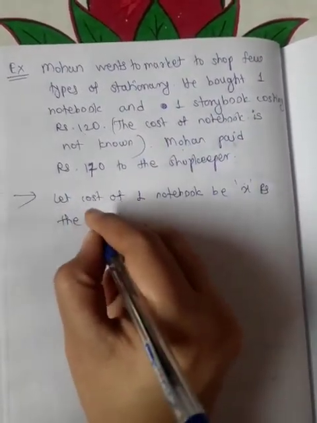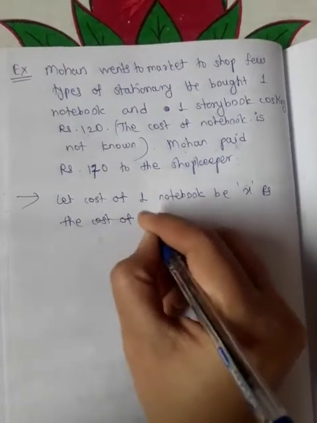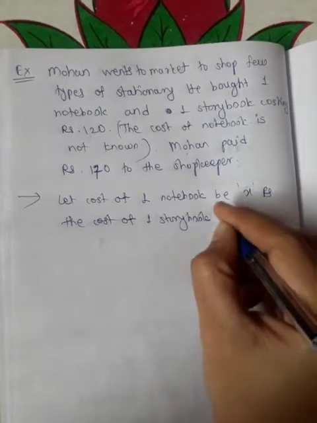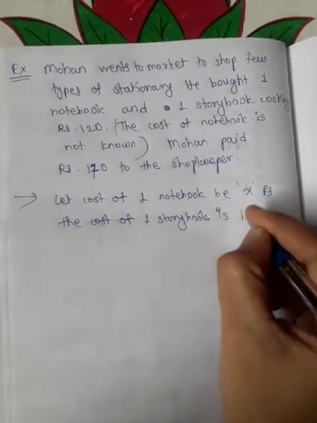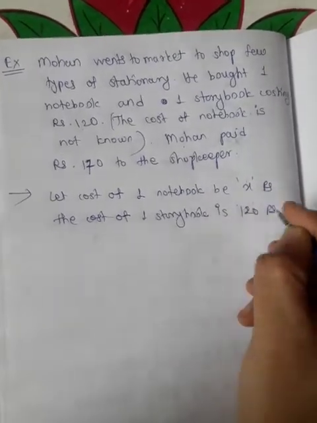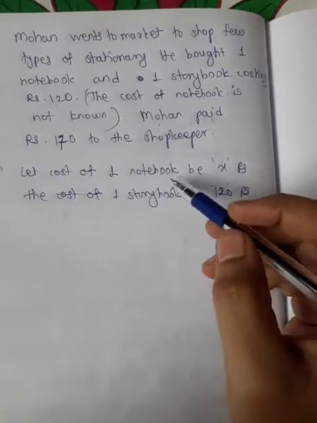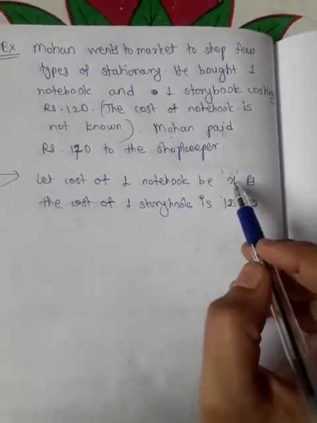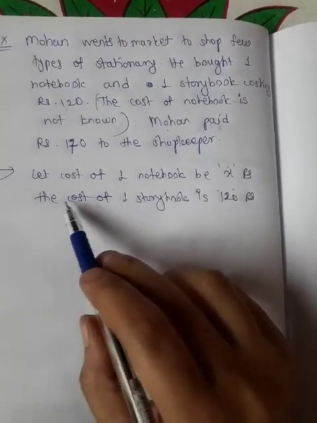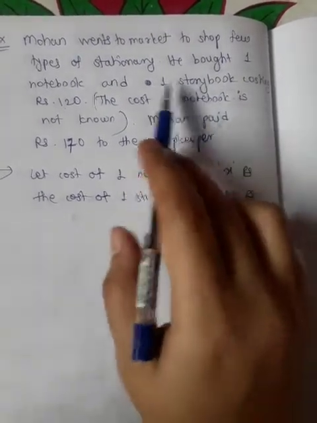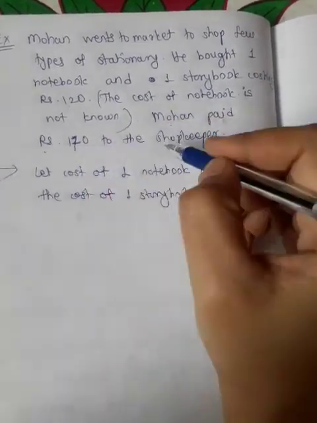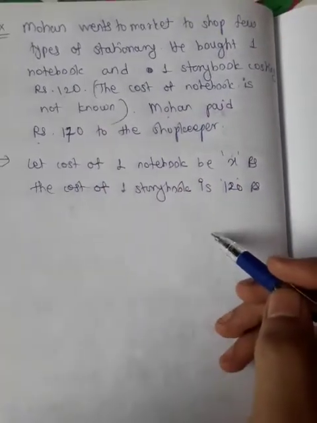The cost of one storybook is rupees 120. Here the cost of the notebook is unknown to us, so we have taken its price as x. After buying these two items, Mohan paid rupees 170 to the shopkeeper.